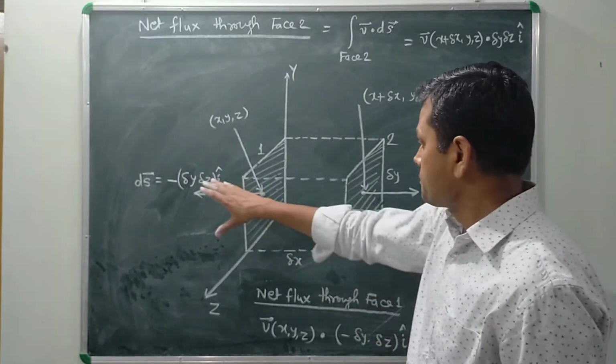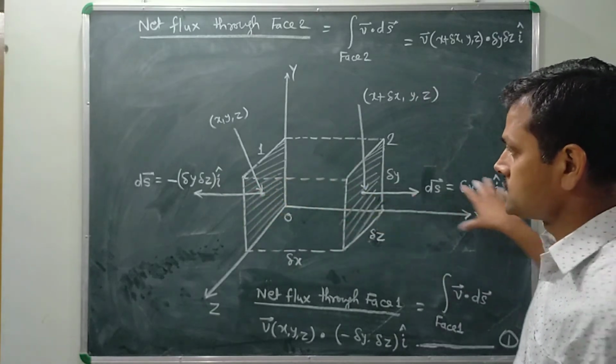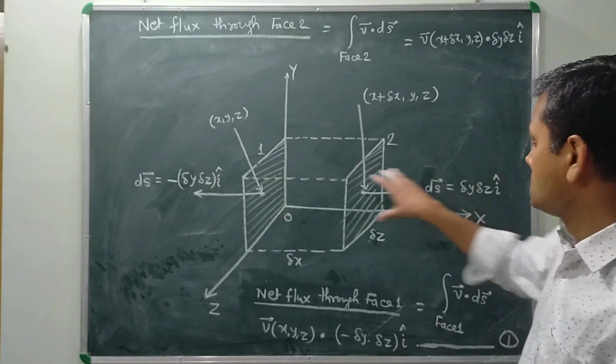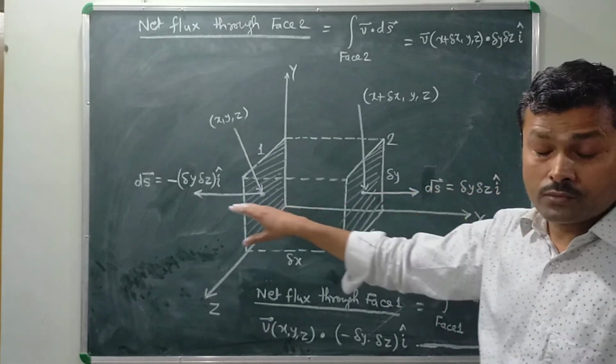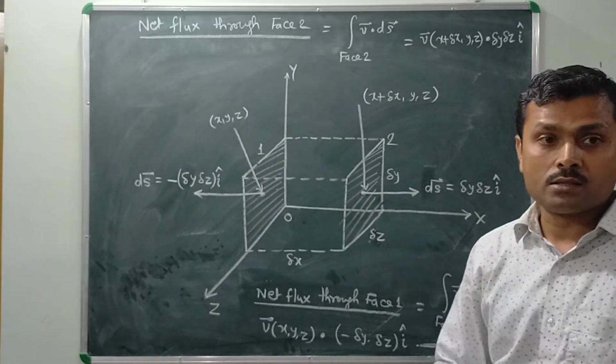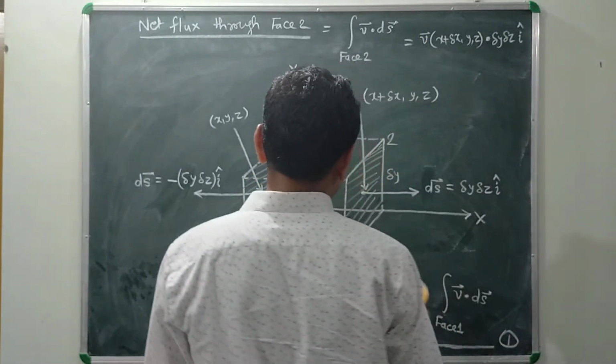Now net outward flux along x axis will be the sum of these two.